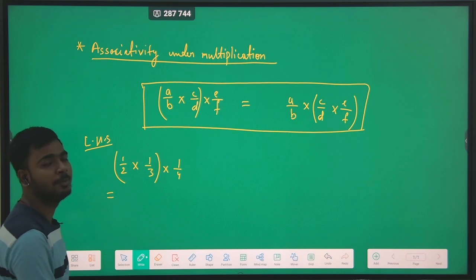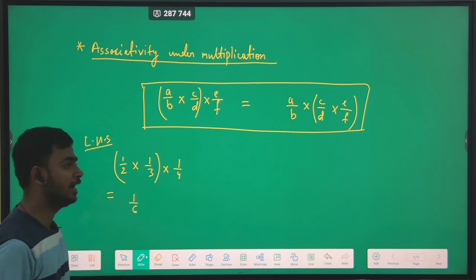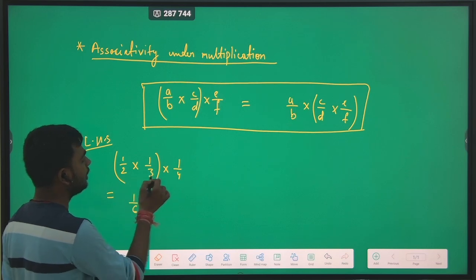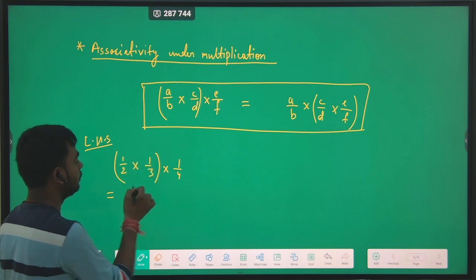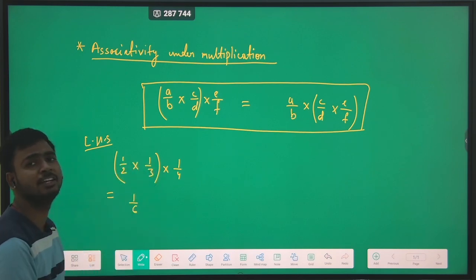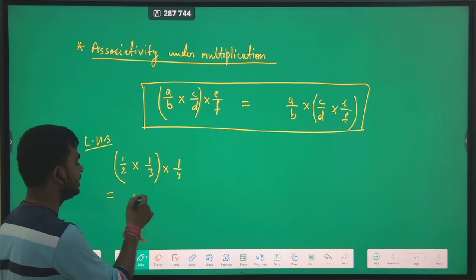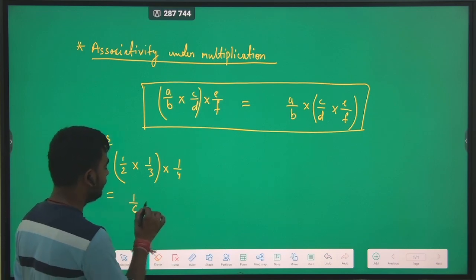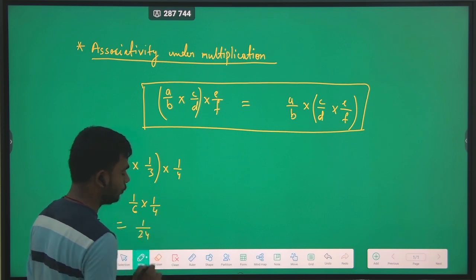The numerator will be multiplied with the numerator and the denominator with the denominator, so we will get 1 upon 6. This will be multiplied with 1 upon 4 and we will get 1 upon 24.